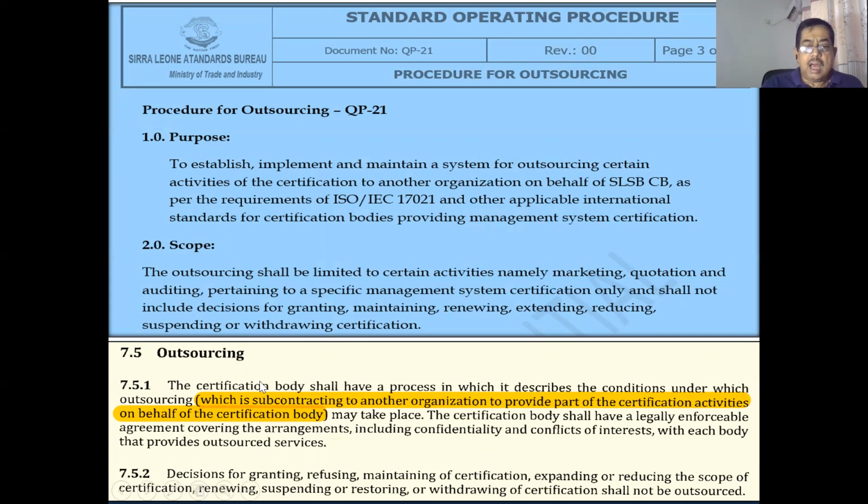So this is clause 7.5, and based on this clause, we have developed QP number 21. If you read this QP number 21 and this clause 7.5, you will understand that the crux of this clause is with respect to outsourcing of your services.